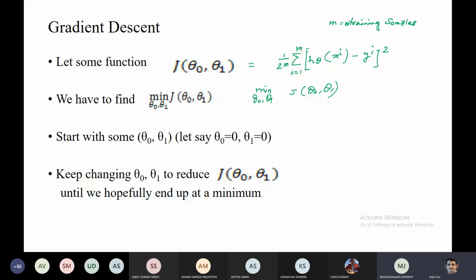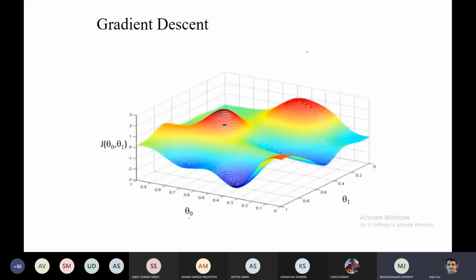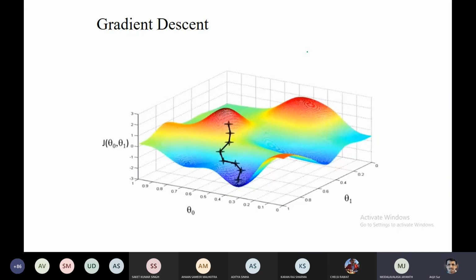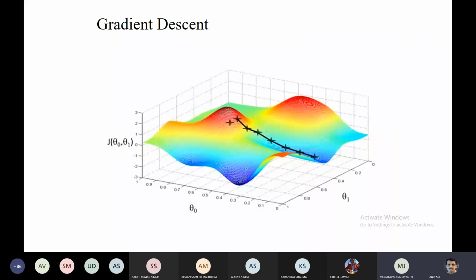If we start from different θ0, θ1 points, this starting point is the initial θ0, and this way we converge to a local optimum. So these are the paths. If we start with a different position, maybe we end up with a different minimum. Since this is not convex in nature, we can have multiple local optima. So this is the gradient descent.